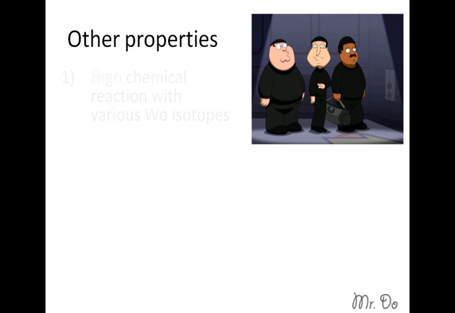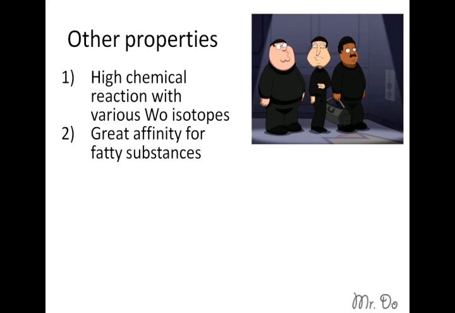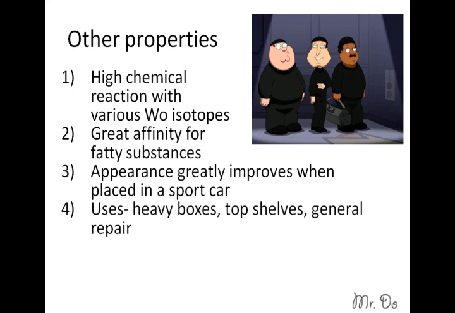Other properties: high chemical reaction with various WO isotopes, has a great affinity for fatty substances, carbohydrates, lipids, you name it. Appearance greatly improves when placed in a sports car. The uses for element M: heavy boxes, top shelves, general repair.